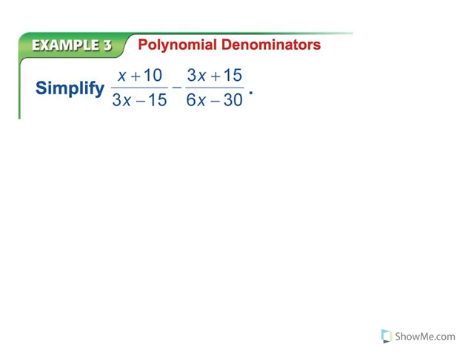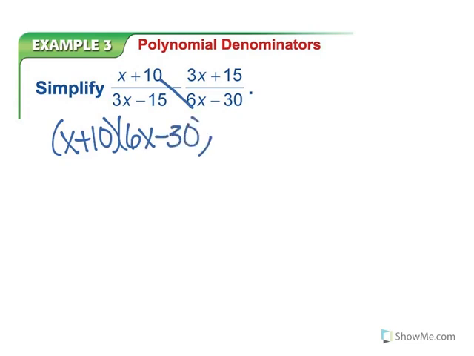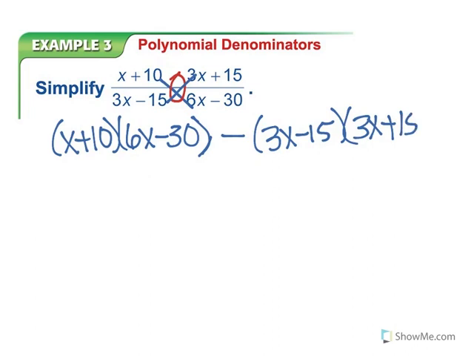Example 3, we're going to use the smile method again. First we need to get our numerator by multiplying our two factors. So we get x plus 10 times 6x minus 30. We're going to use the middle sign. So we get minus, and we're going to do the cross multiplication again to get 3x minus 15 times 3x plus 15.